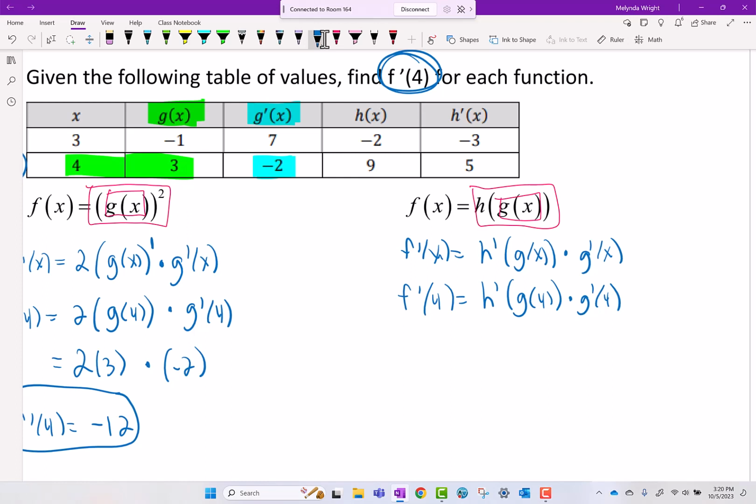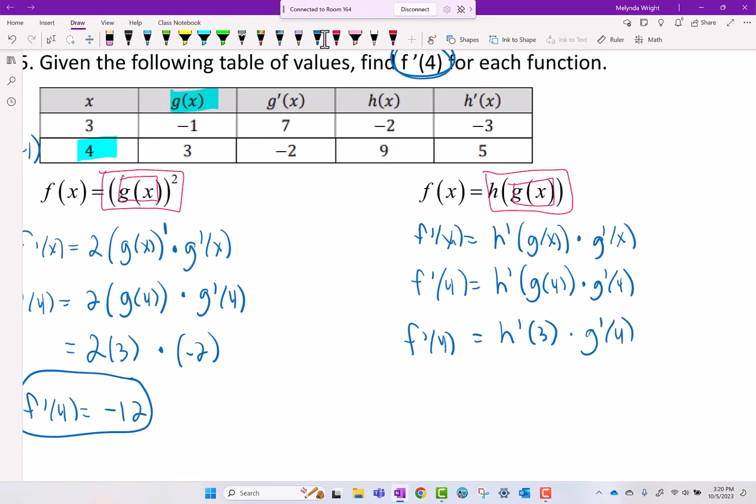Okay, let me erase this stuff up here. We need to find g of 4. Here's g, and there's a 4. So g of 4 is a 3. So h prime of 3 times g prime of 4. Okay, let's keep working it. f prime of 4 is going to be, let's see, h prime.